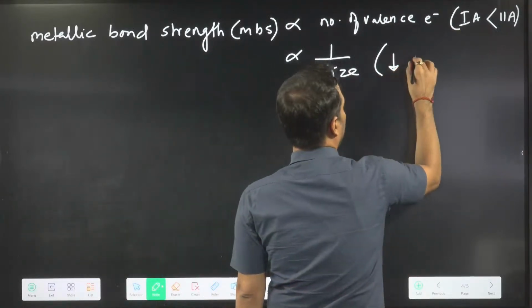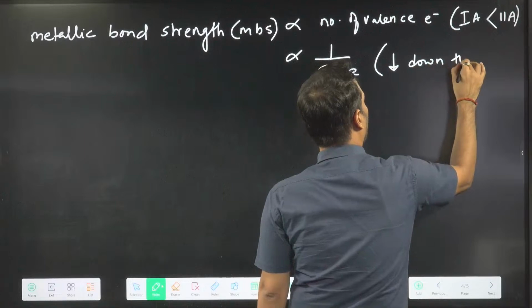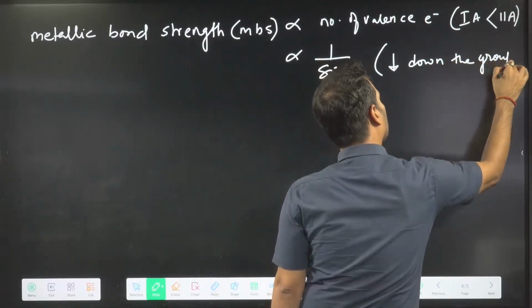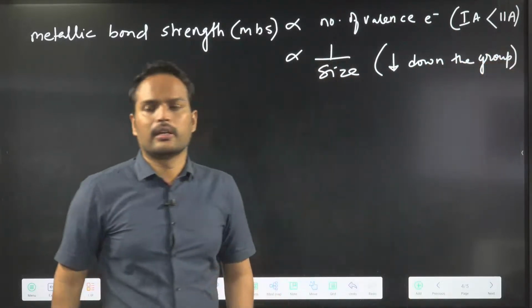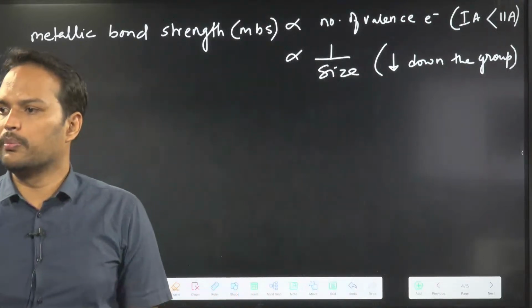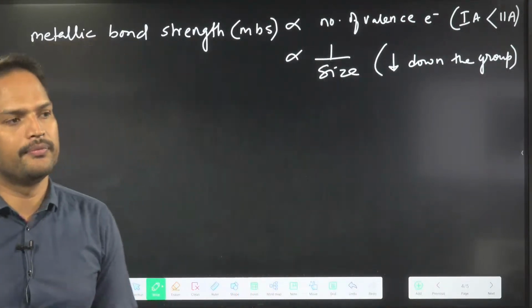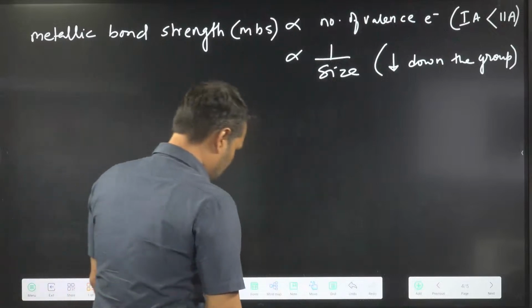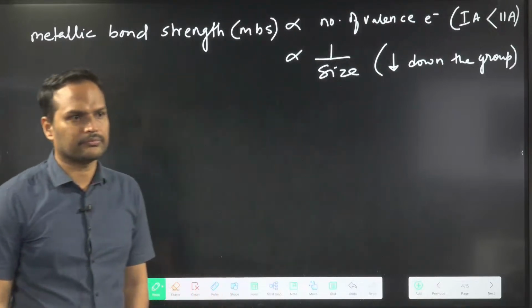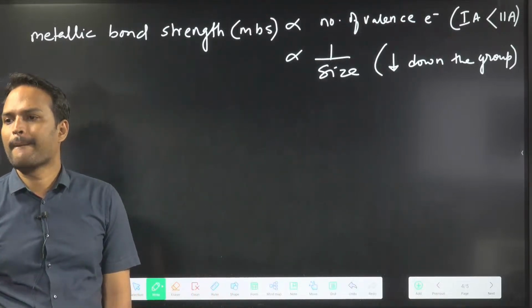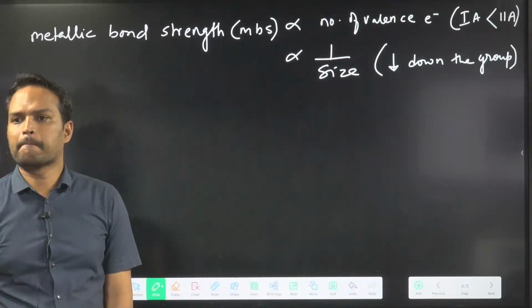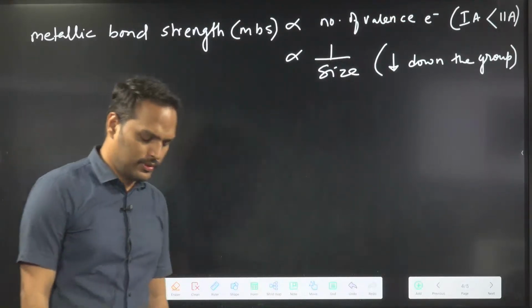So you can say it decreases down the group. Can you say like this? Is it okay? Dekh lo ek baar jaldi. Is it okay? Theek hai? Decreases down the group.